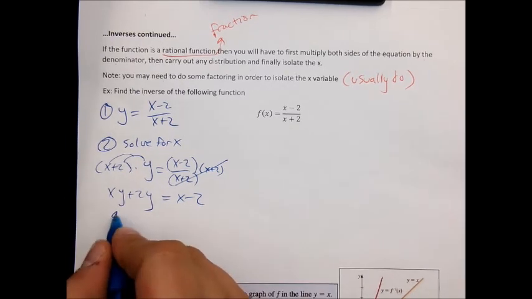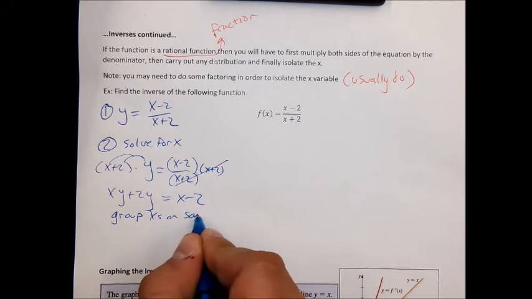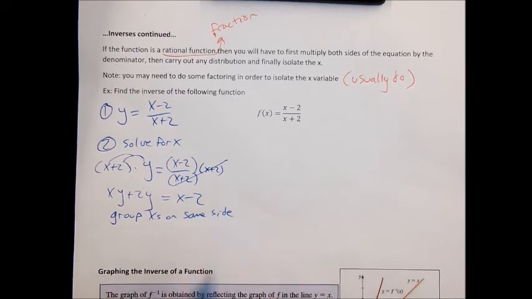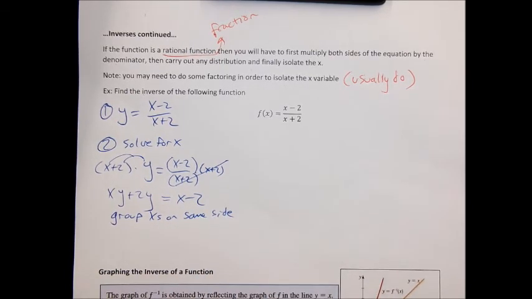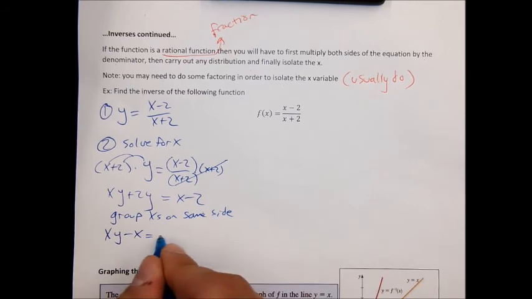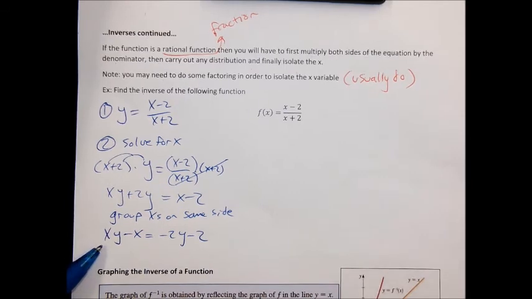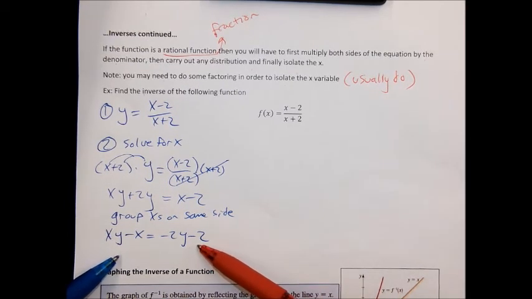So we group the x's on the same side. I'm going to do that in one step here. Let me write the step down and then let me know if it makes sense. So I got all the x's over to one side, and I got everything that's not an x over to the other side.